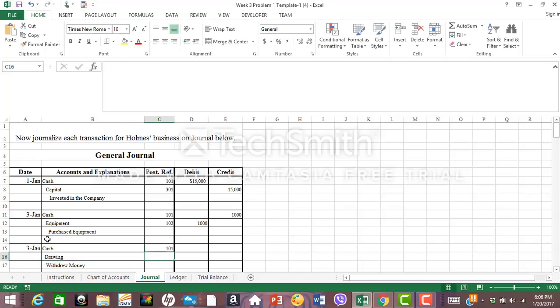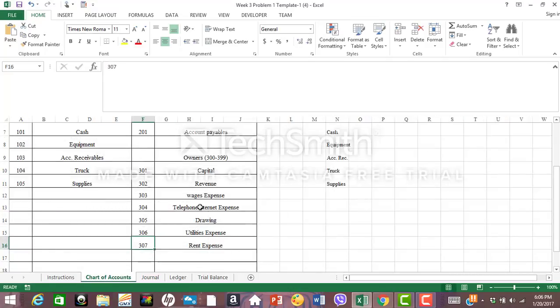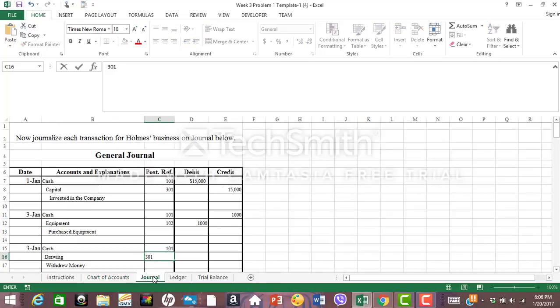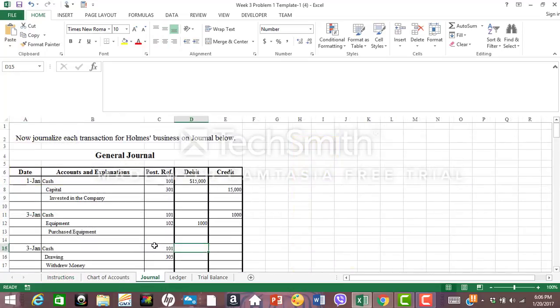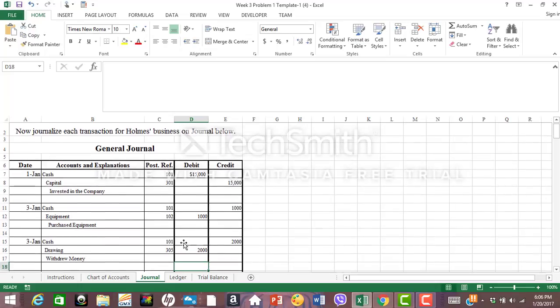Cash is 101, drawing is 305. How much did he withdraw? He withdrew $2,000. So cash would be credited $2,000 and drawing debited $2,000.